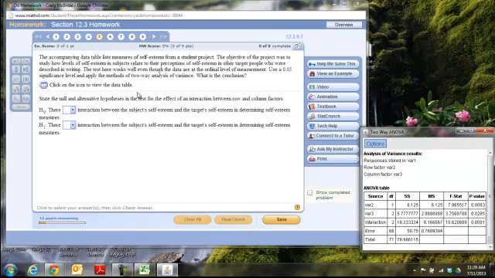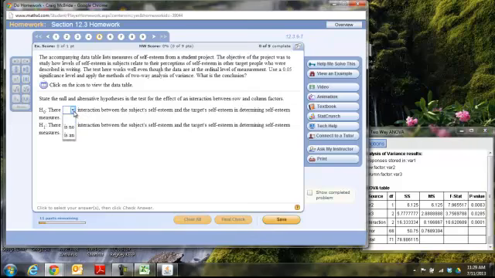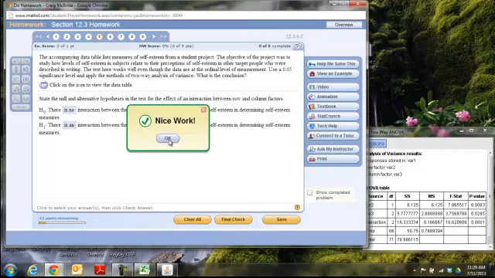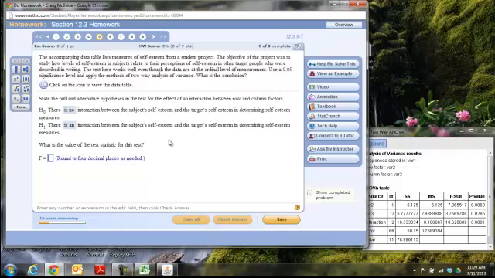State the null hypothesis and the alternative hypothesis. Well, the null is that there is no interaction. The alternative is that there is an interaction. Now, what is the value of the test statistic?